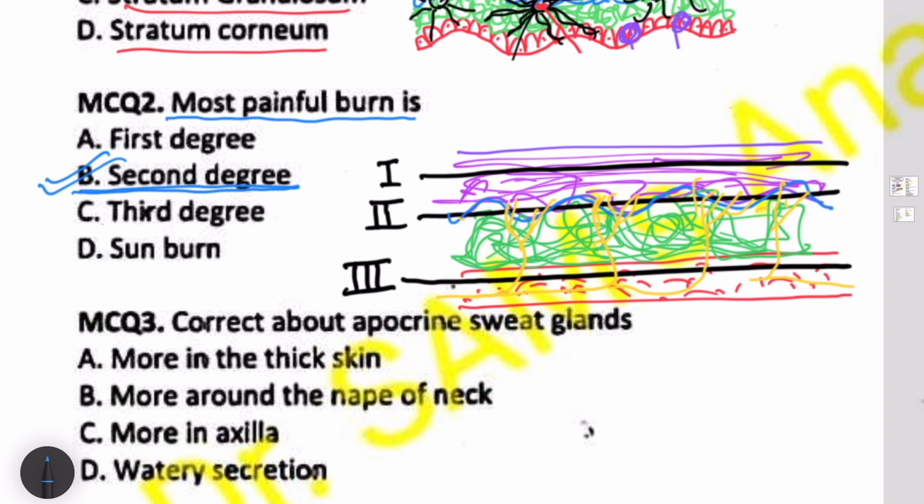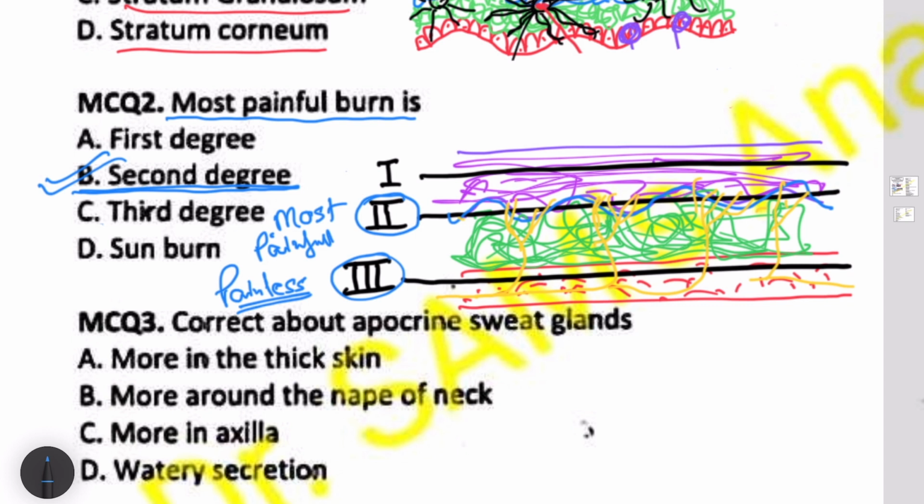Third degree is painless. Not at the time of being burned, but after that, third degree becomes painless, and second degree is most painful. In third degree, remember, you need skin grafting.